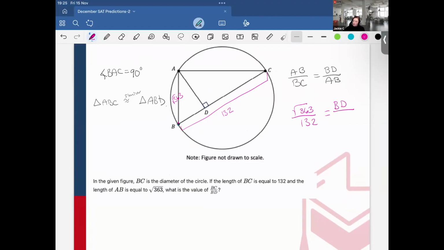And AB, also, it's the square root of 363. And then all I need to do is cross multiply. So I would get 132 BD is equal to 363. Then just divide each side by 132.